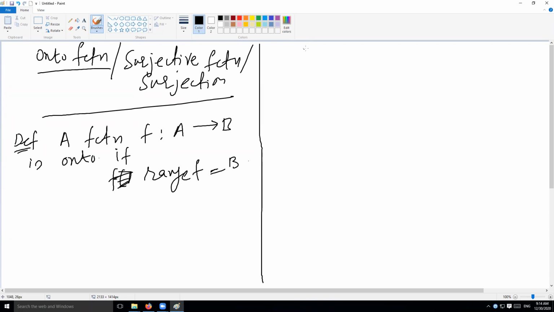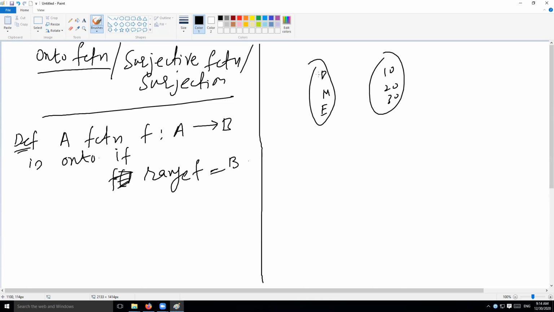So for example, we can start with this typical example: you have physics, maths and English books, and you have these prices 10, 20, 30.